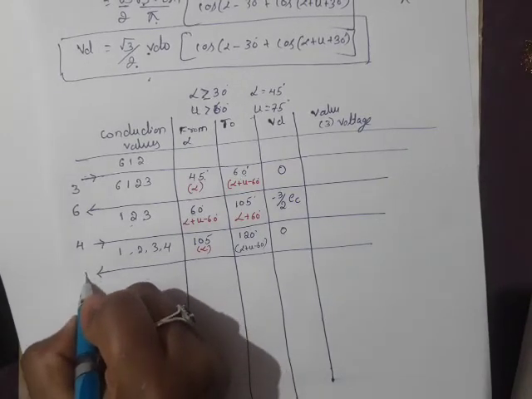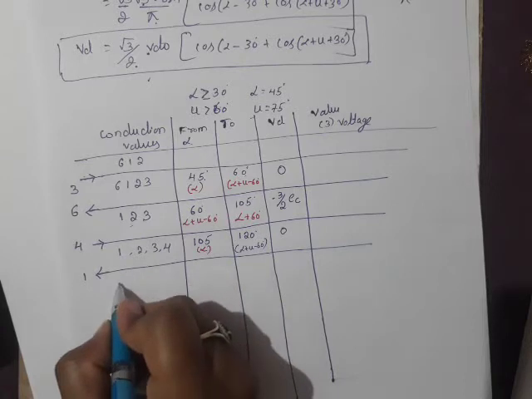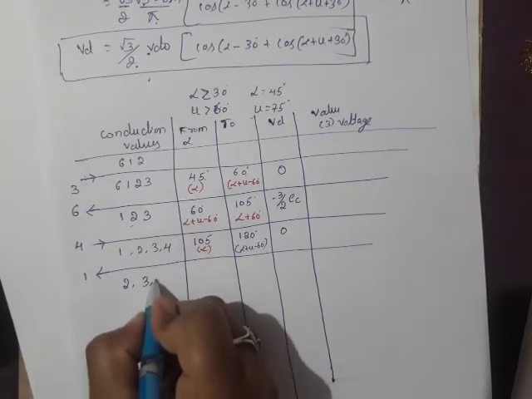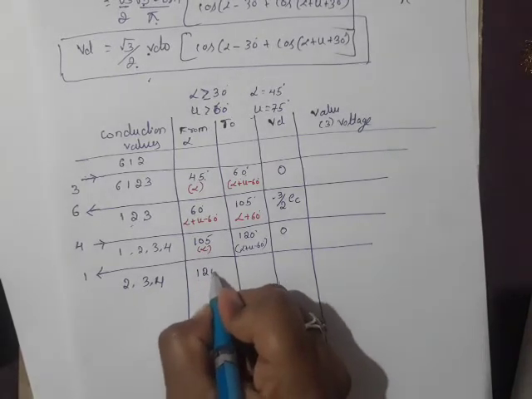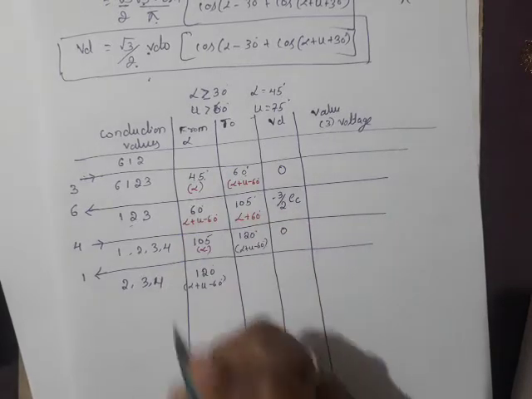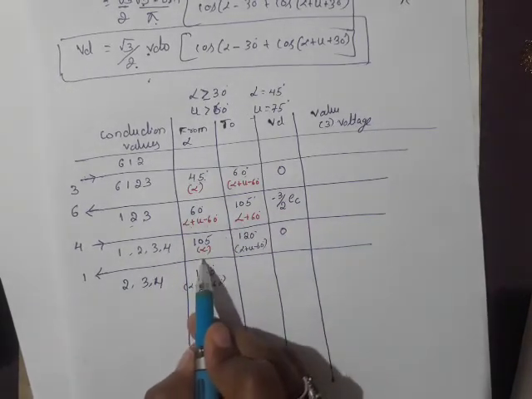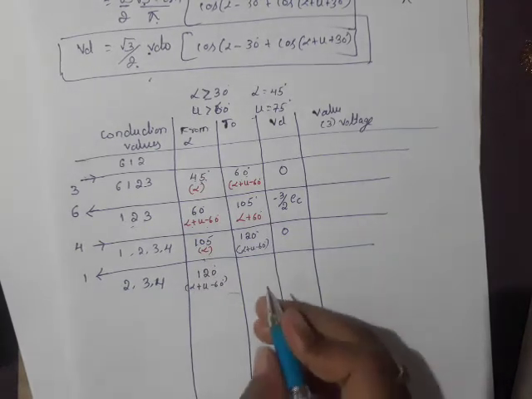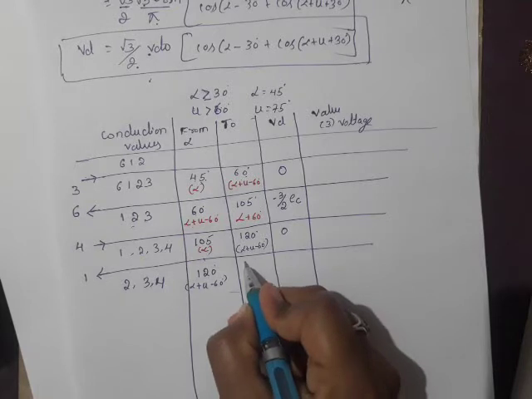Then valve number 1 goes out of conduction after the overlap angle. So it is 2, 3, 4 valve conduction, from 120 degree, that is alpha plus u minus 60 degree. Alternatively, here it is alpha, here it is alpha plus u minus 60 degree. Up to where it will conduct, you have to add 45 degree.